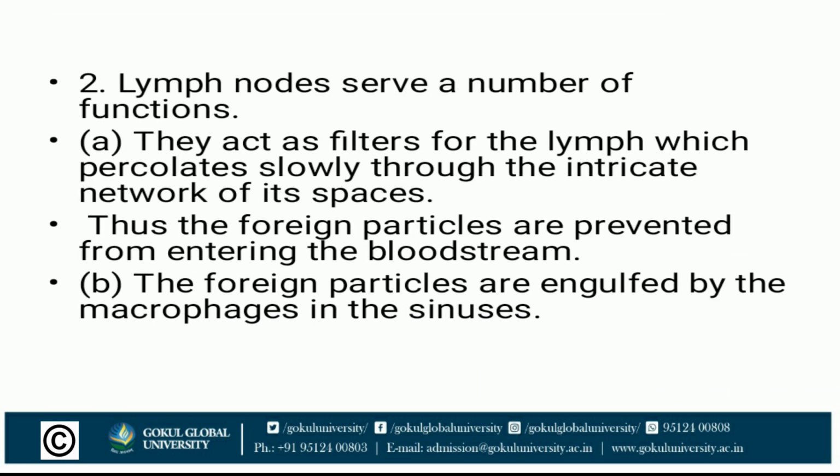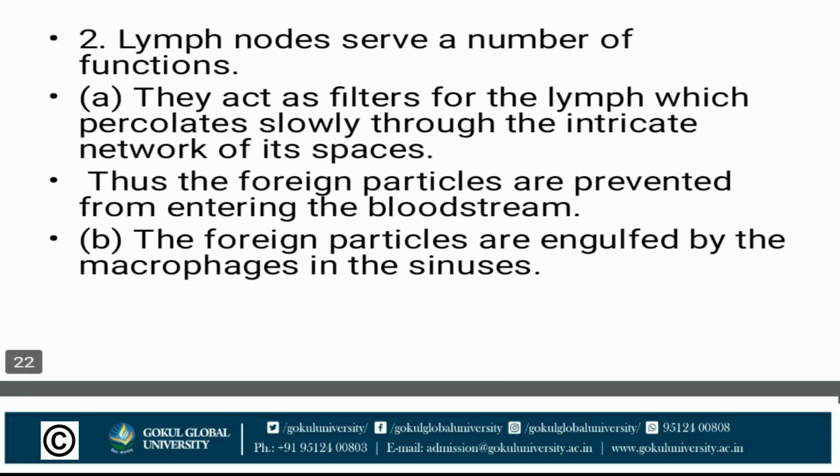Lymph nodes serve a number of functions. They act as a filter for lymph, which percolates slowly through the intricate network of its spaces. Thus, the foreign particles are prevented from entering the bloodstream. The foreign particles are engulfed by the macrophages in the sinuses.